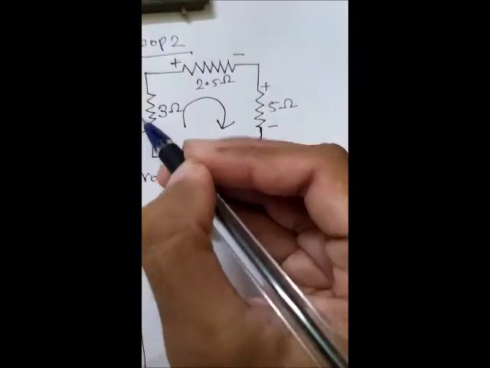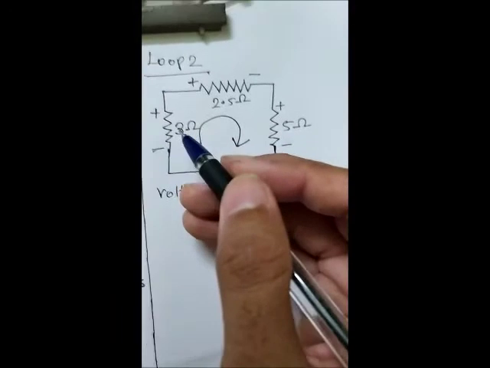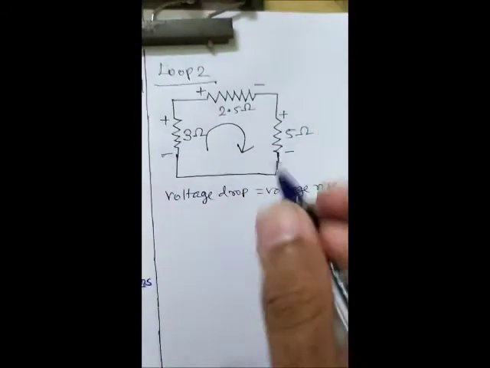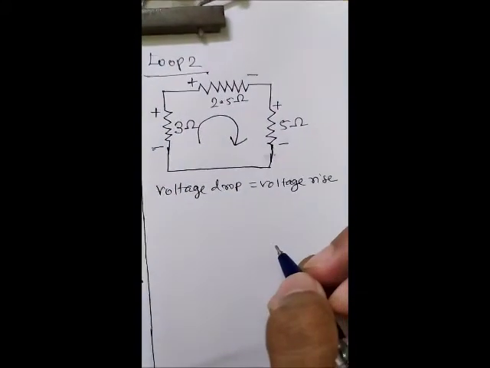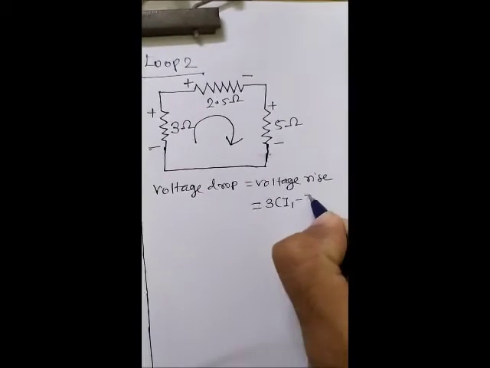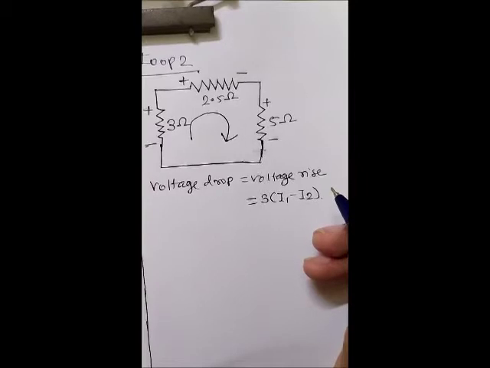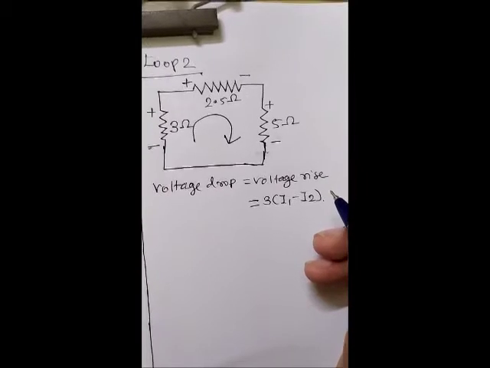Here current is going from minus to plus, that is, potential is increasing, potential is rising. So it becomes 3 (I1 minus I2).